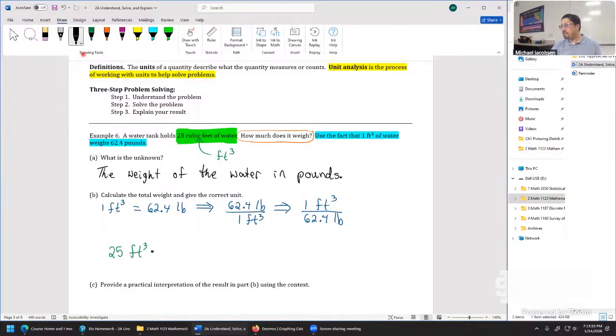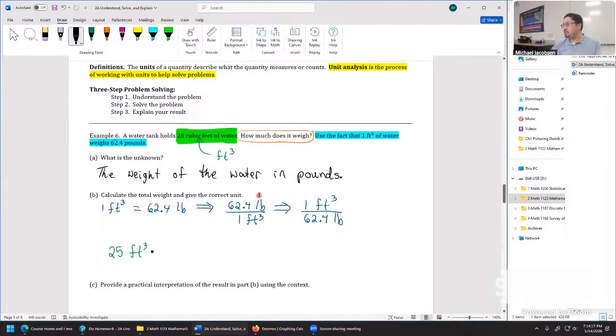And we have to multiply this by something, either this fraction here or this fraction. Anyone see which one would be the correct one to multiply by? Would it be the 62.4 over 1? Yeah, I agree with that one.